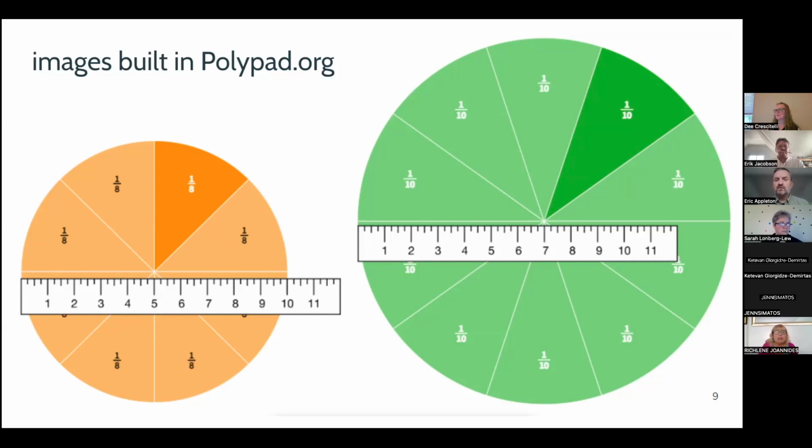I'm looking at the length of the slice. Not the length of the slice? Yeah, from the edge of the pie to the center. So you're seeing the green one, the 14-inch pie, has a longer slice. Yeah. And for you, that means it's a bigger slice.